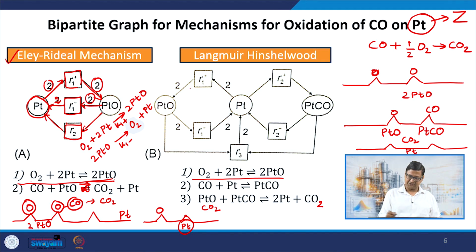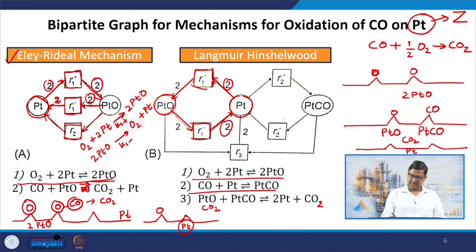So the first reaction, the forward reaction, I start from PT, 2 PT sites participating in the first forward reaction to give rise to 2 PTO sites. Then the reverse of that, 2 PTO sites going back to 2 PT, and the second reaction, CO plus PT to PTCO, that is somewhere here. So this PT basically reacts with CO, but CO is not on the graph.